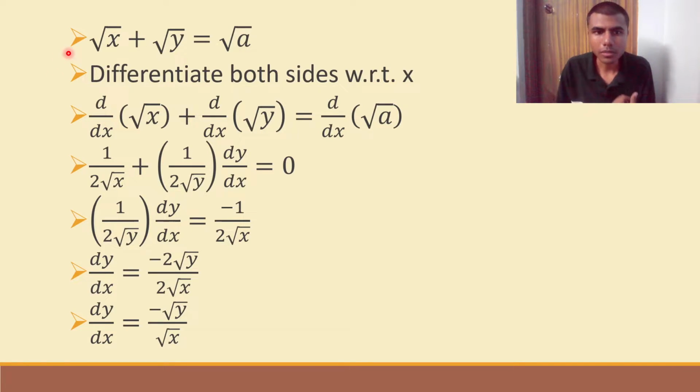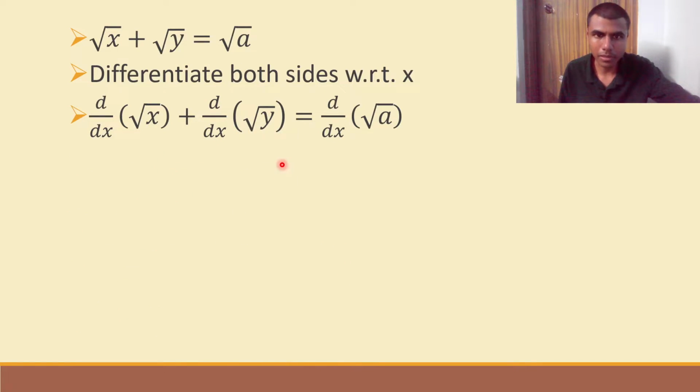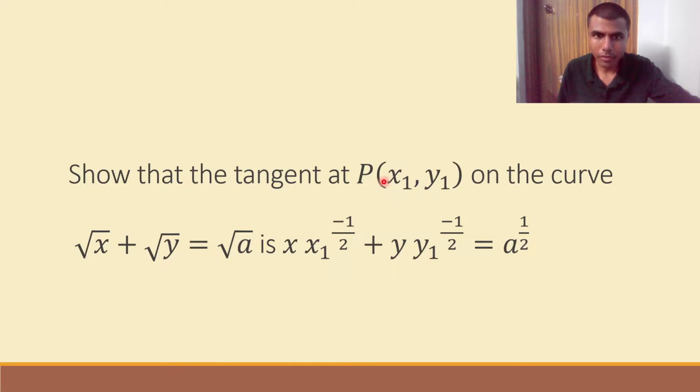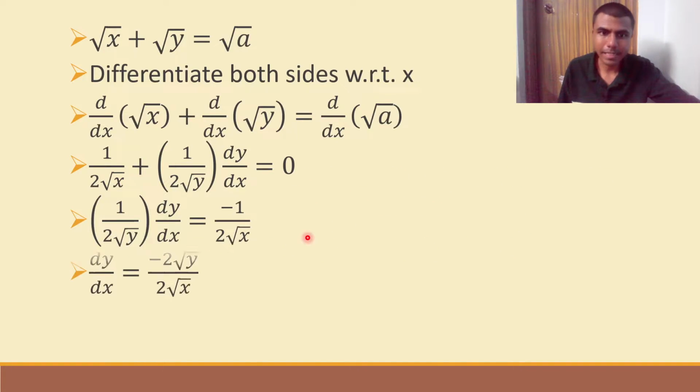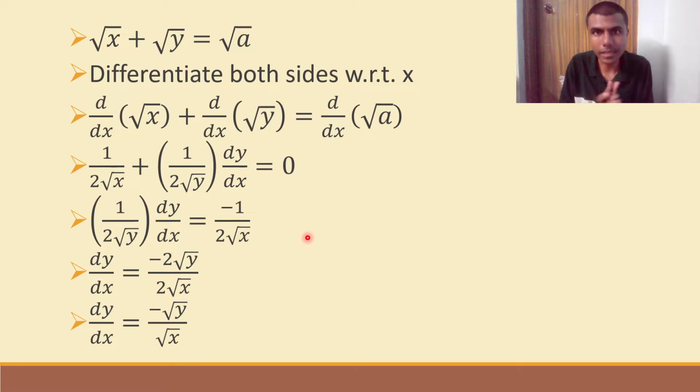Now this is the slope of tangent to the curve root x plus root y is equal to root a. This could be at any point, but here we are looking for the equation of tangent at the point P(x1, y1). In case you remember, our question is to find the tangent at P(x1, y1). So I need the slope of tangent at the point x1, y1.